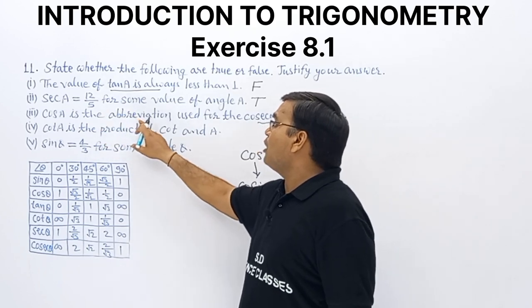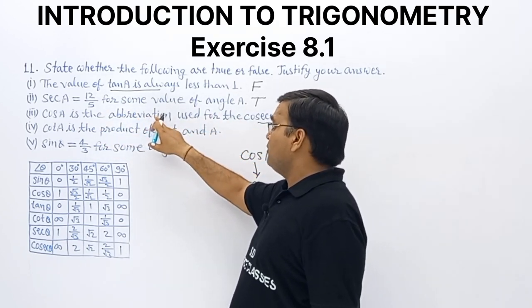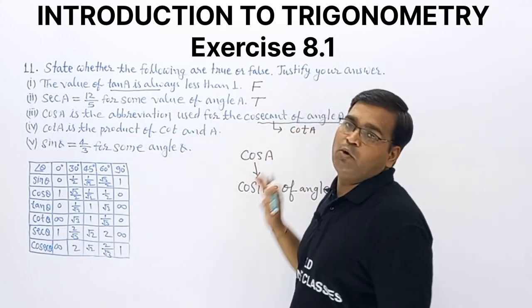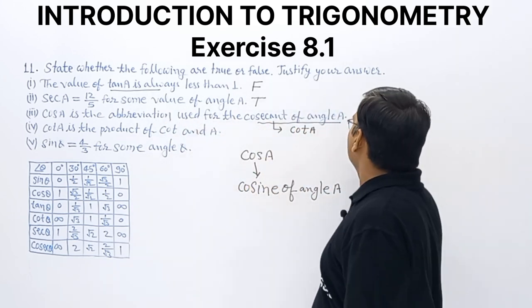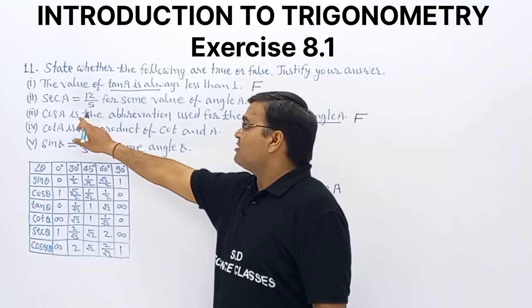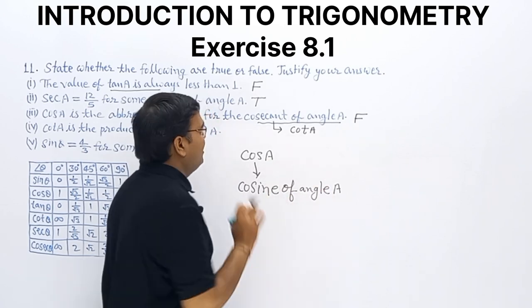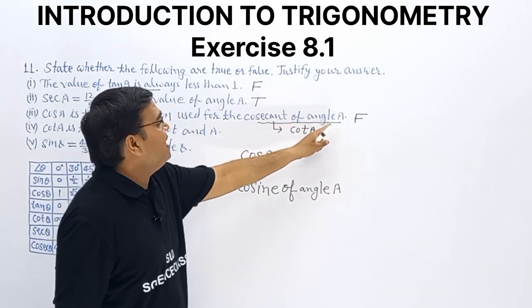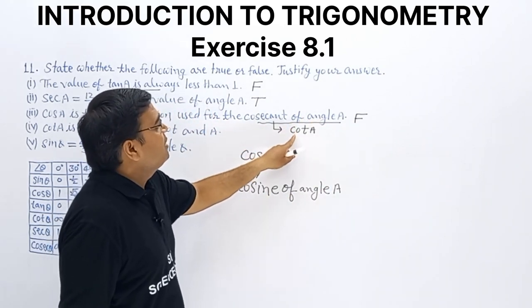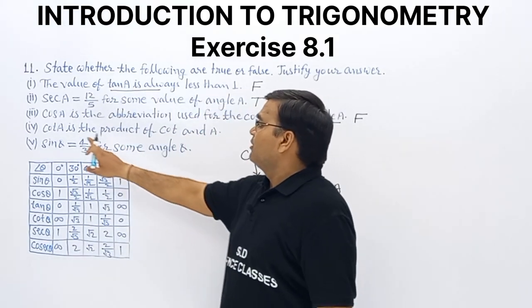Cos A is not the abbreviation used for cosecant. This is a false statement. It is the abbreviation of cosine of angle A. Clear? Now next one.